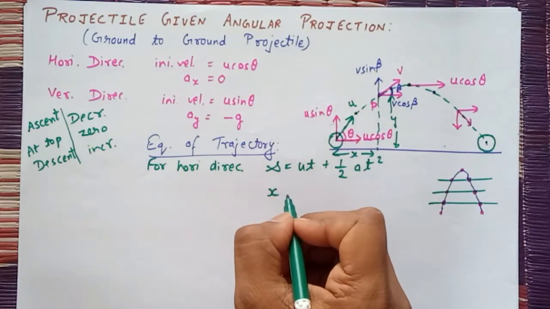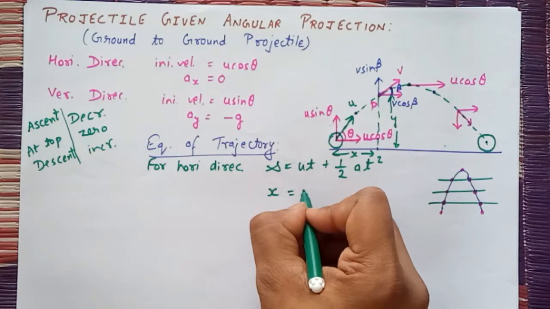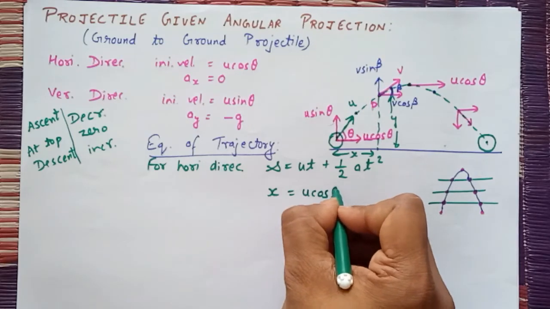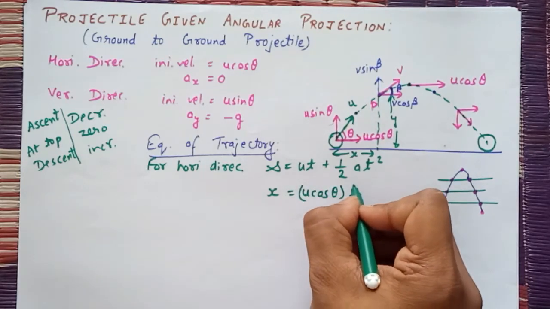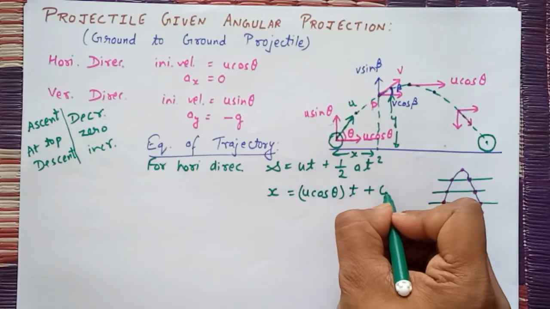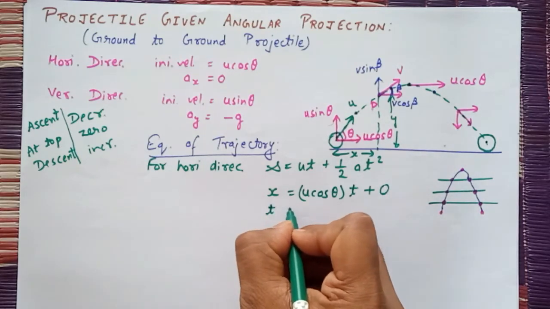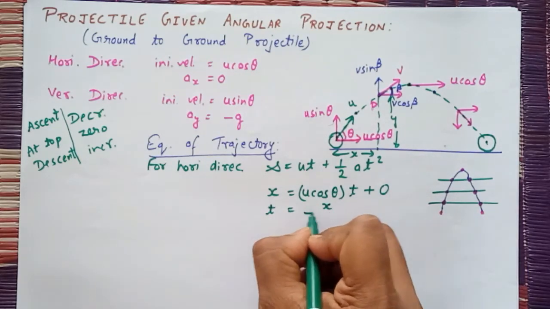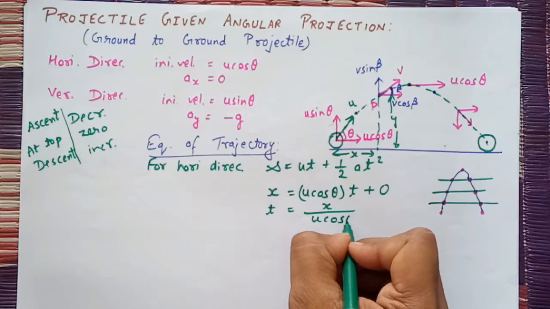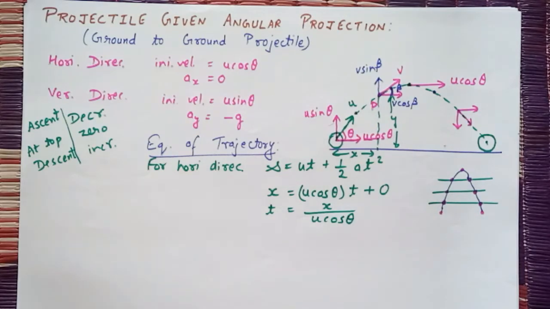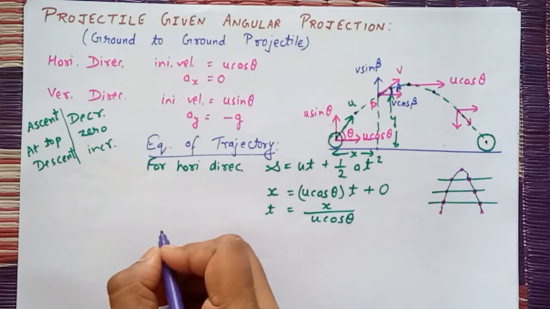So distance covered is x. What is the initial velocity? It is u cos theta multiplied by time t plus acceleration will be 0. So I can find t from here and it will be x upon u cos theta.